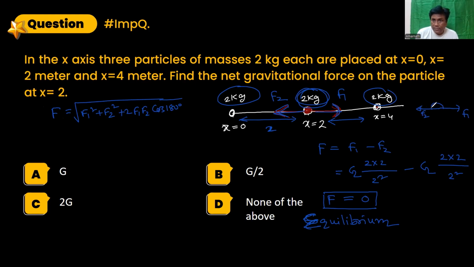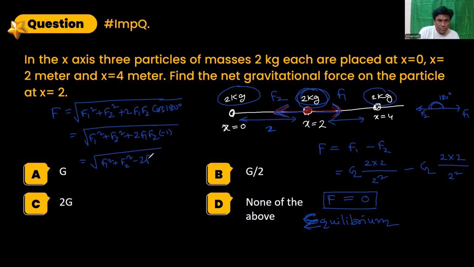So the angle between them is 180 degrees. And remember, cos 180 degrees is actually minus 1. I have already given it in the table. So it will be F1 square plus F2 square minus 2 F1 F2.